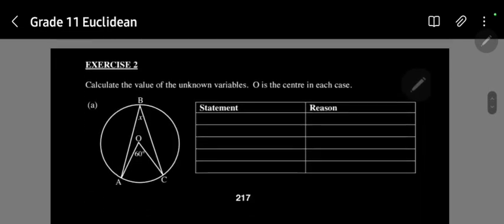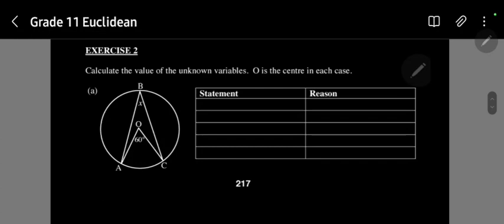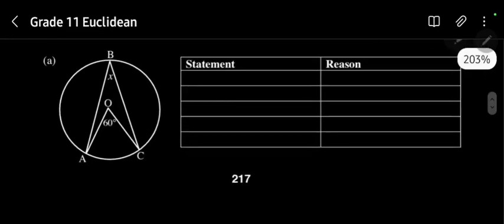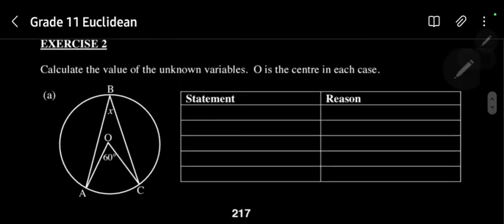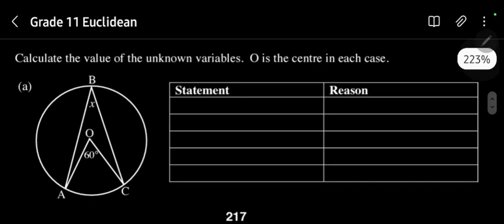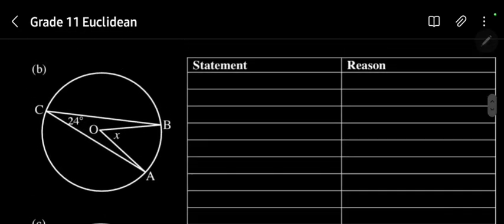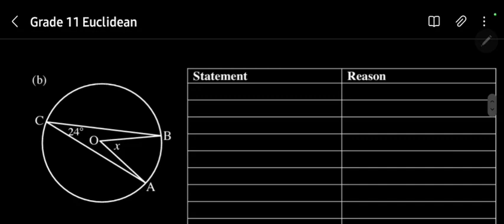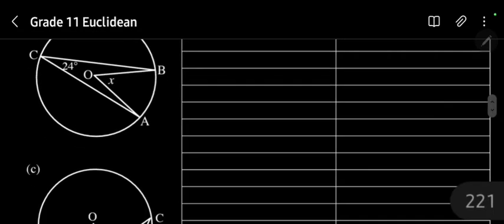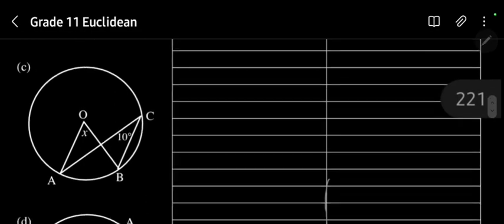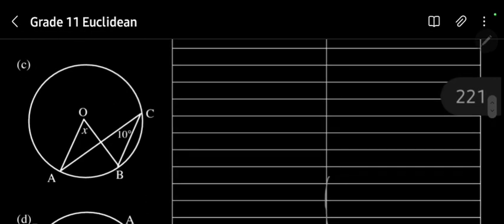And for exercise 2, this is A. Take the screenshot of this. I hope you are done. Let's go. This is B. Take a screenshot. And this is C. Take a screenshot.